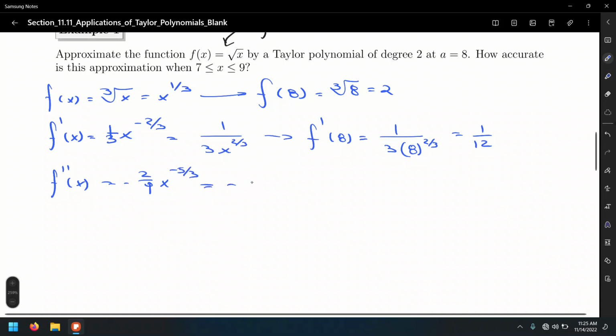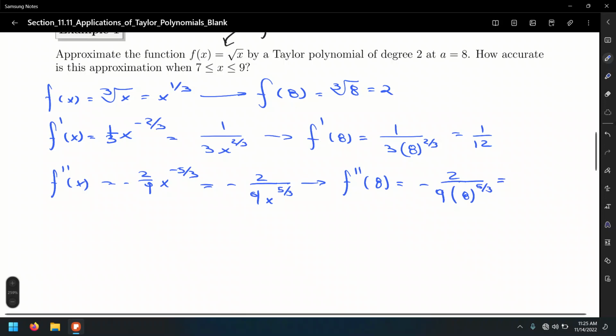Let's write this with a positive exponent and evaluate the second derivative at 8. That's negative 2/9 times 8 to the 5/3. To simplify, take the denominator of the rational exponent, which is really the index of the radical.